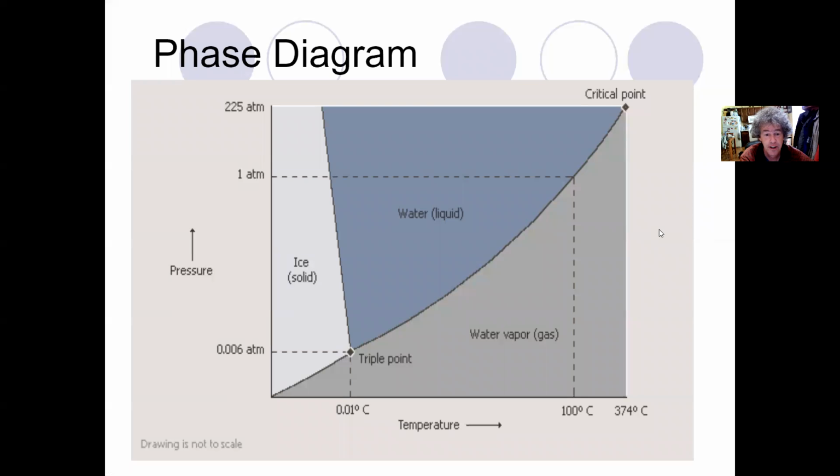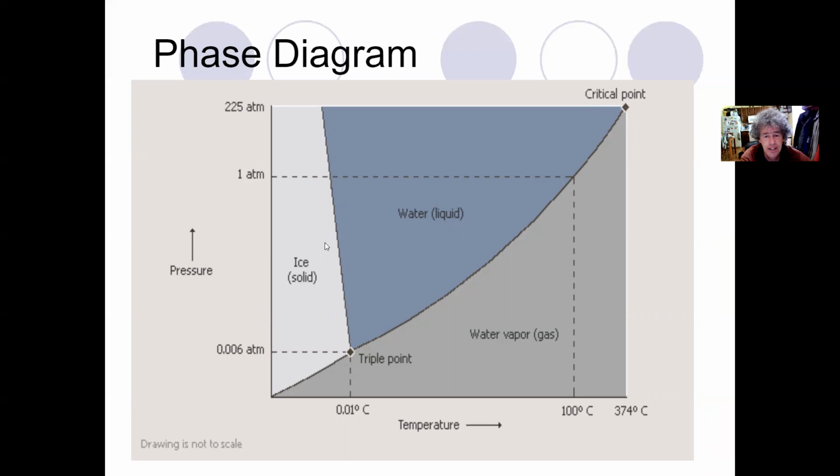Now, the other thing I wanted to talk about in this was something called a phase diagram. What the phase diagram does is it shows the relationship between temperature and pressure and states of matter. It's saying that if something has very, very low temperature and some amount of pressure, substances will generally be solid, for example ice with water.